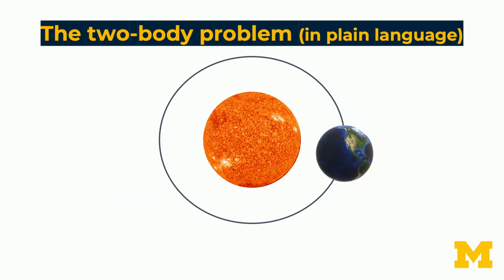So the reason that this is very interesting is because this is what's called a two-body problem. Usually when we talk about the Sun and the Earth, we're talking about the Earth orbiting the Sun. The Sun is the main body, and the Earth is orbiting that. So that's considered a one-body problem because the Sun is the body, and then we talk about another object orbiting that.